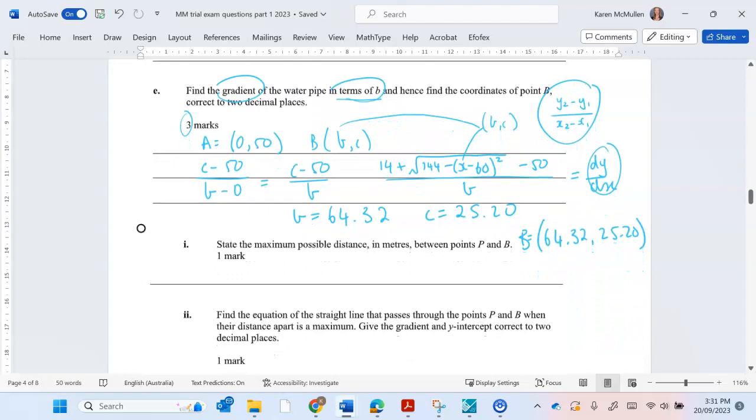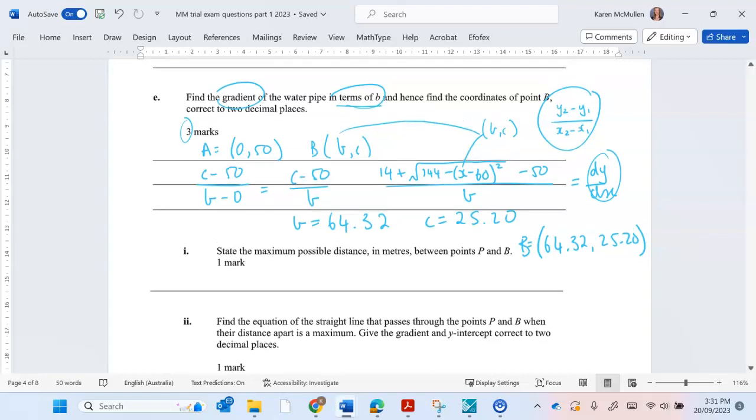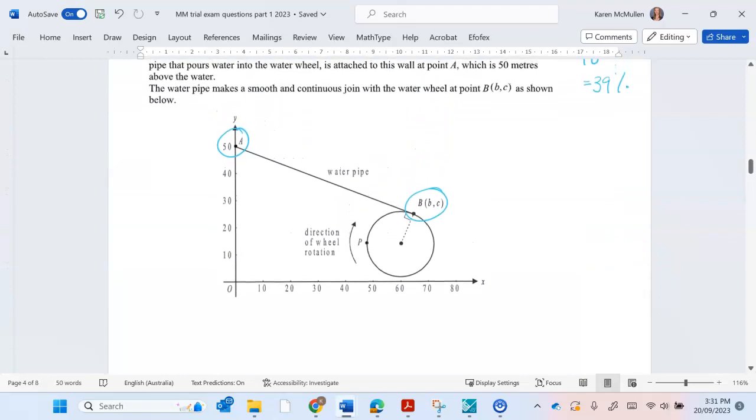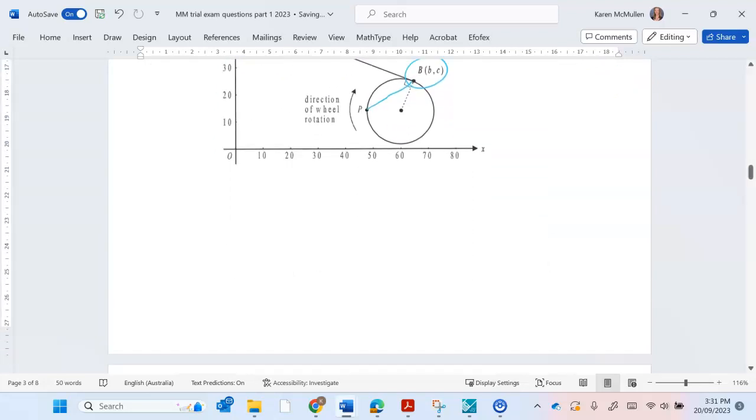Alright, state the maximum possible distance in meters between points P and B. So we're looking for the maximum distance between these 2 points. Now, what was B again?